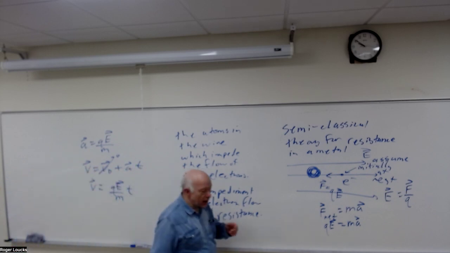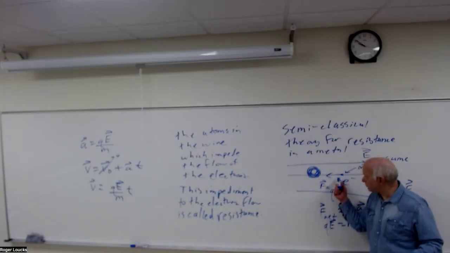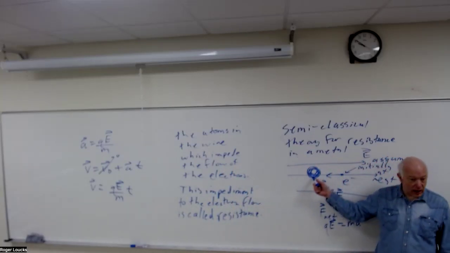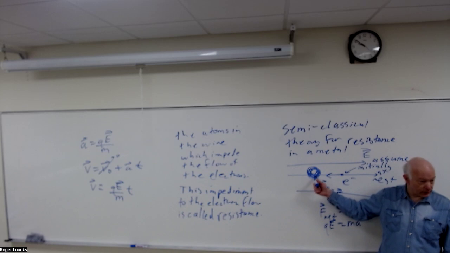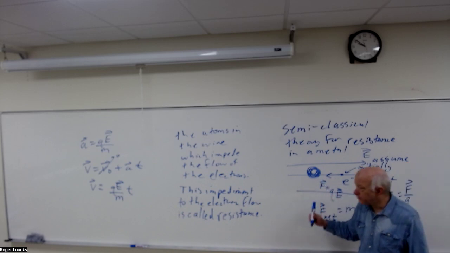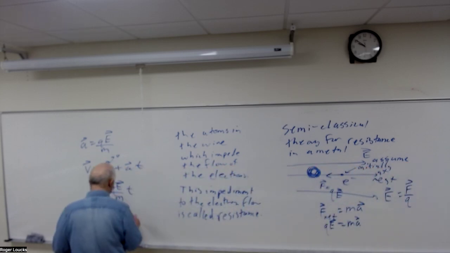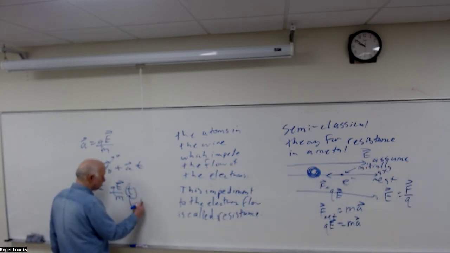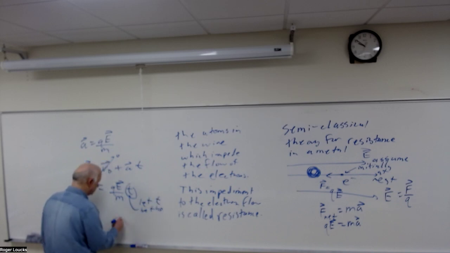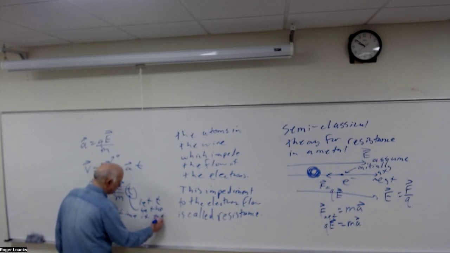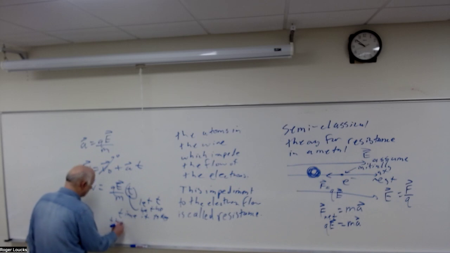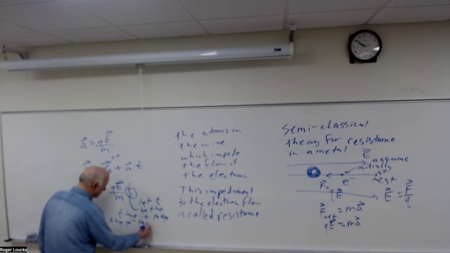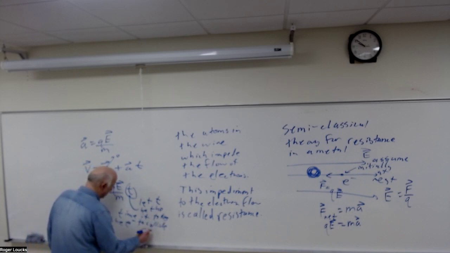And I'm going to say that time is the time it's going to take that electron to travel from here and collide with this atom here. I'm going to call that the relaxation time, or let's call it the collision time. So let tau be the time it takes the electron to collide with an atom.